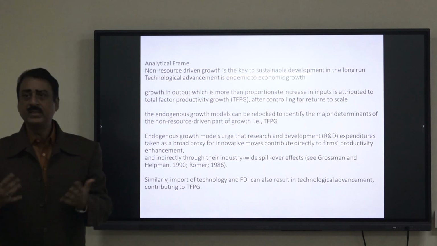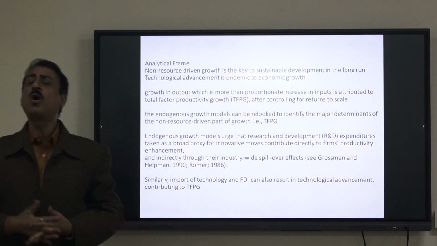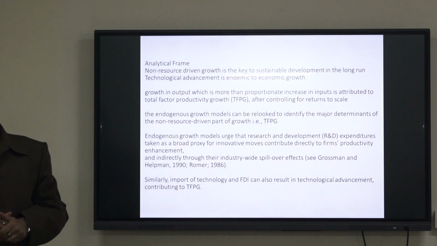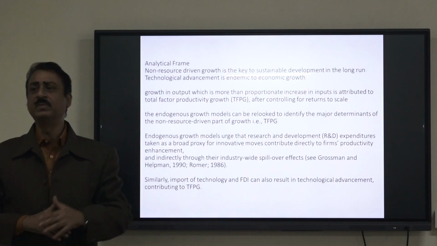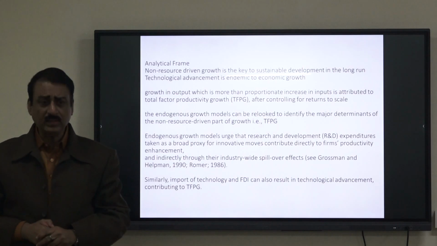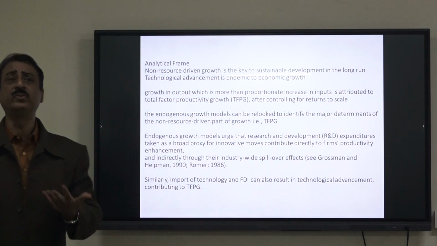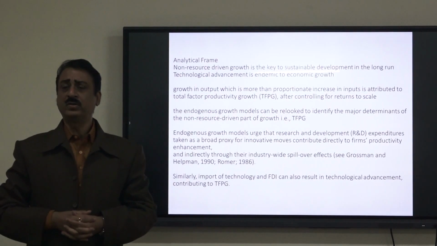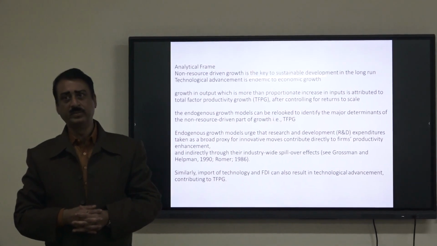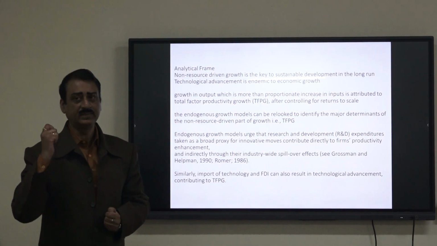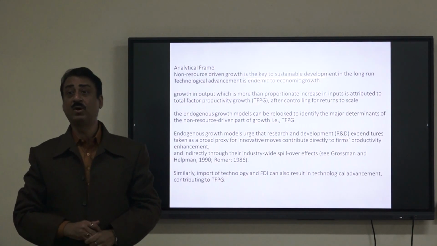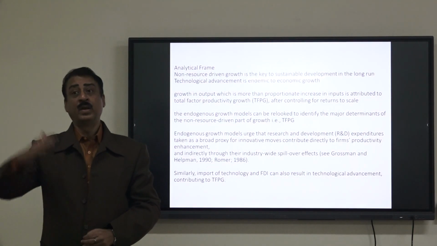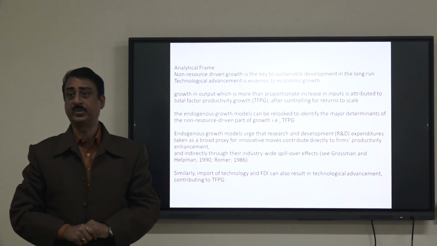Now you know in the literature, the determinants of growth has been a very important proposition. It started from the 1960s: in what manner can we augment our overall growth. So Solow, who got the Nobel Prize, was basically the first one to say it is technological progress which can augment your growth and also total factor productivity growth.